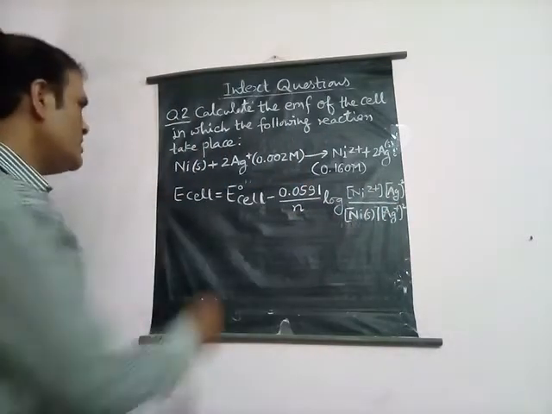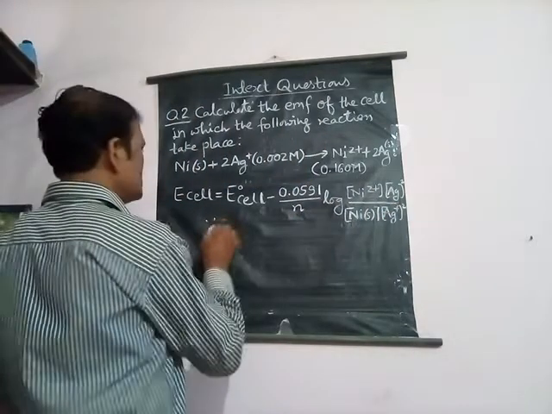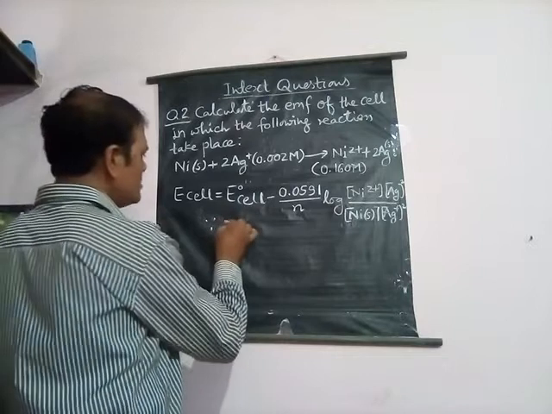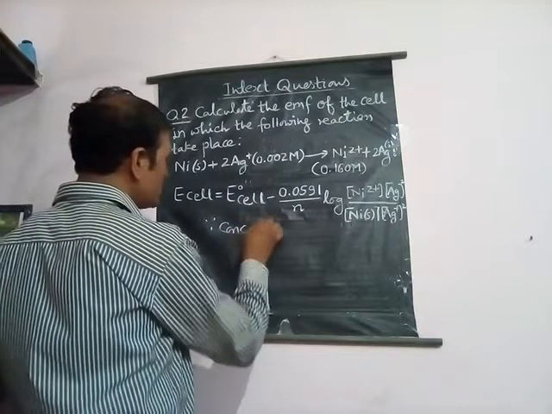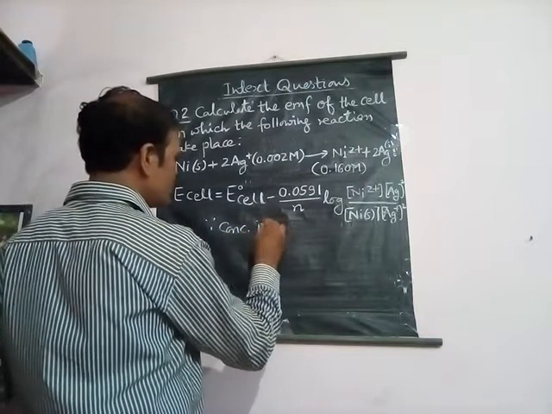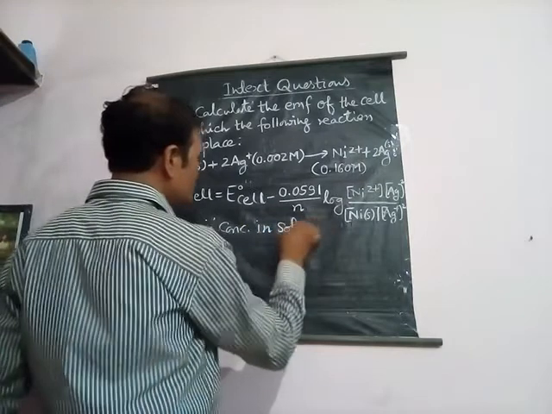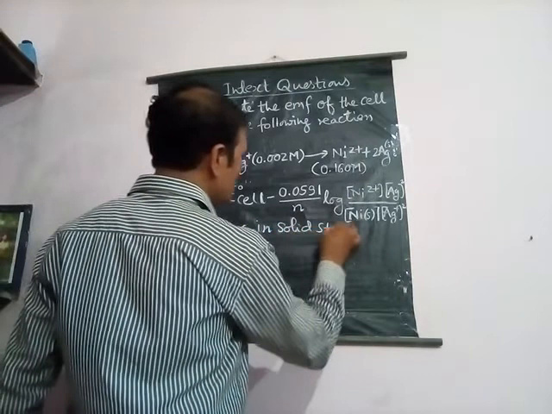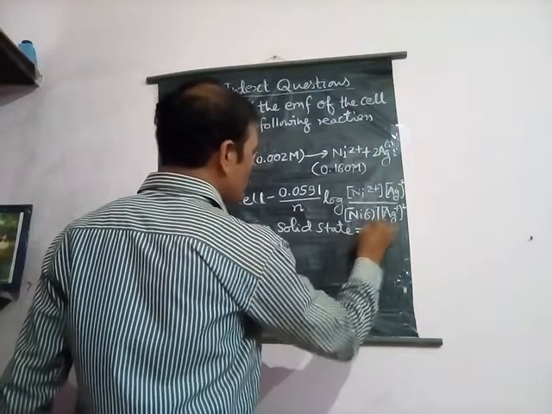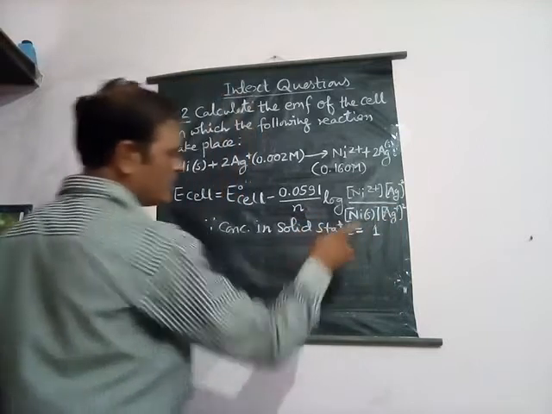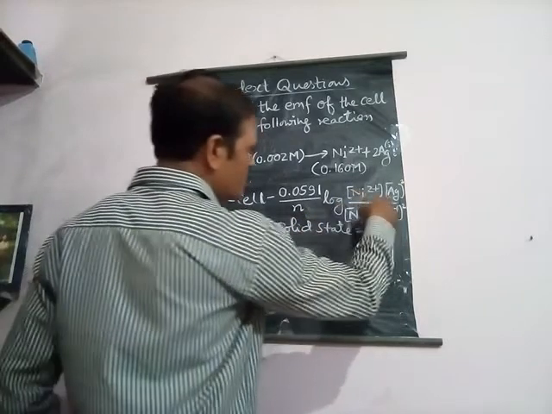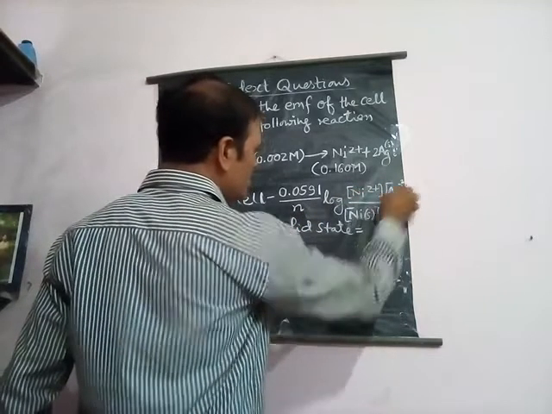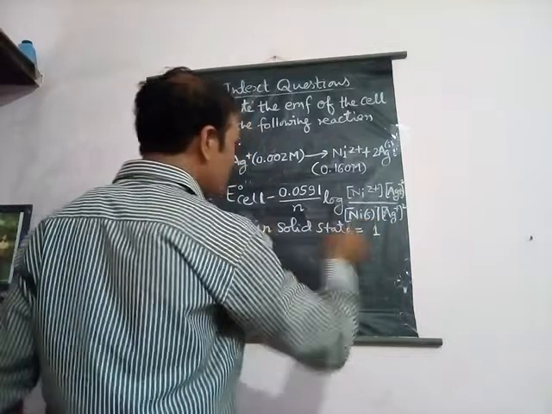Since we know very well that the concentration in solid state is equal to 1, the concentration of both solids, solid Ag and solid Ni, will be equal to 1.